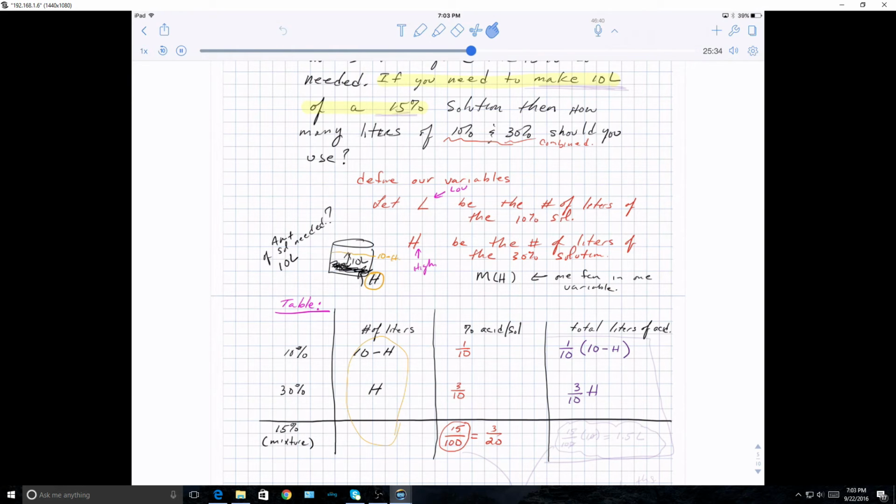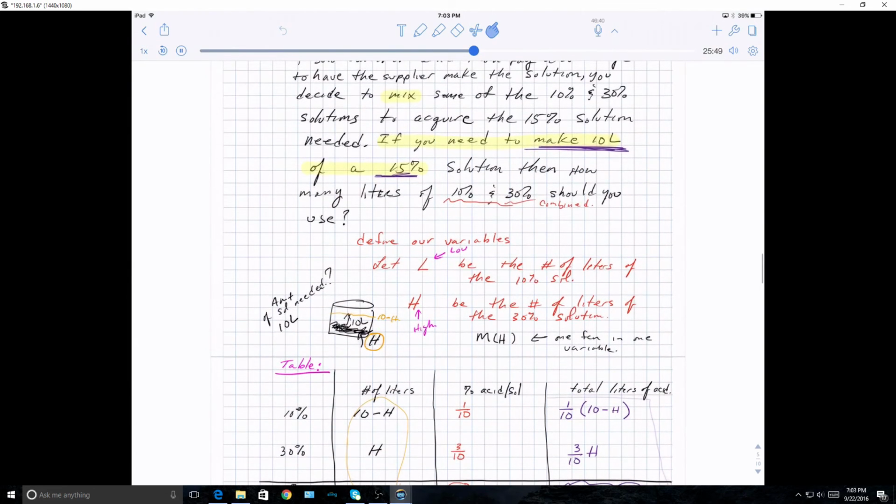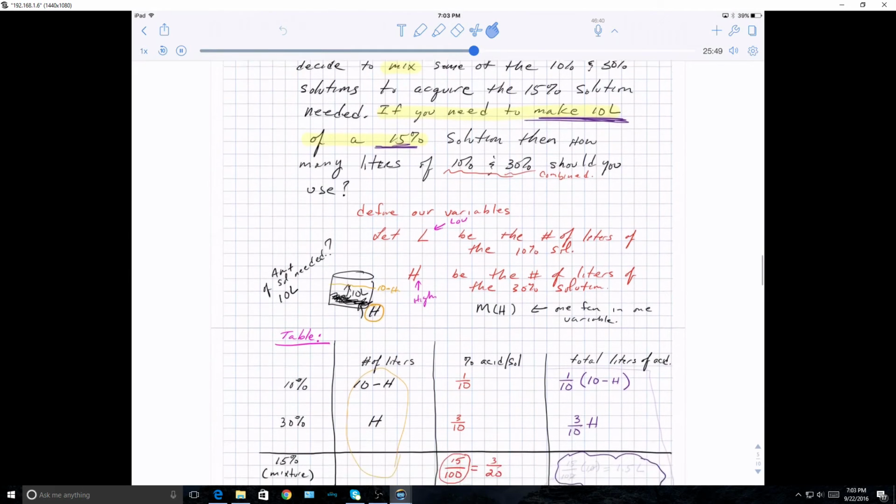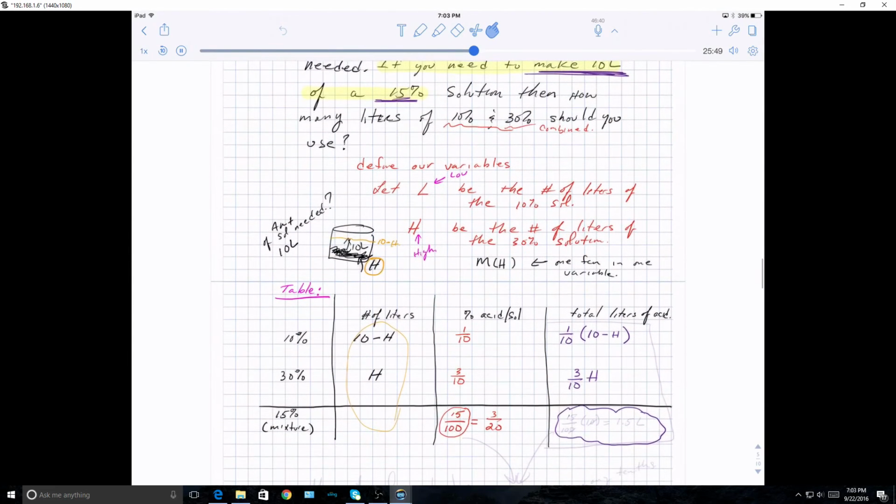So the only thing we need to know now is what is this right here? Well, if we go back up to the original problem, we want 10 liters of a 15% solution. So that just means that we have 15% of a 10 liter solution.